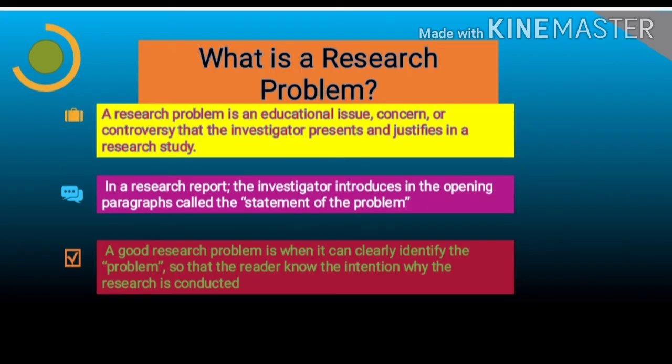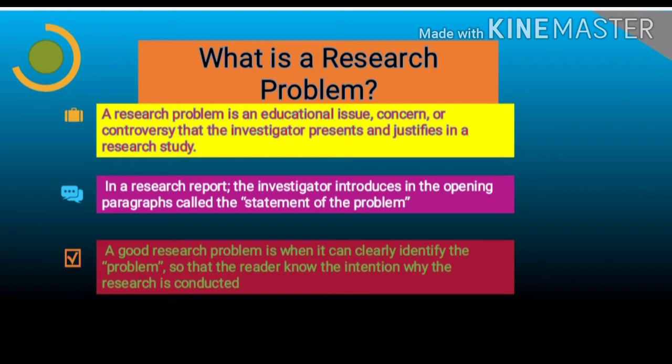Well, what is a research problem? A research problem can be defined as an educational issue, concern, or controversy that the investigator presents and justifies in a research study.